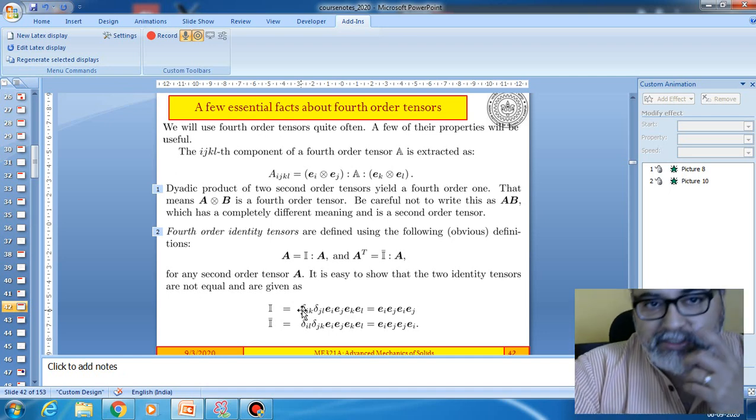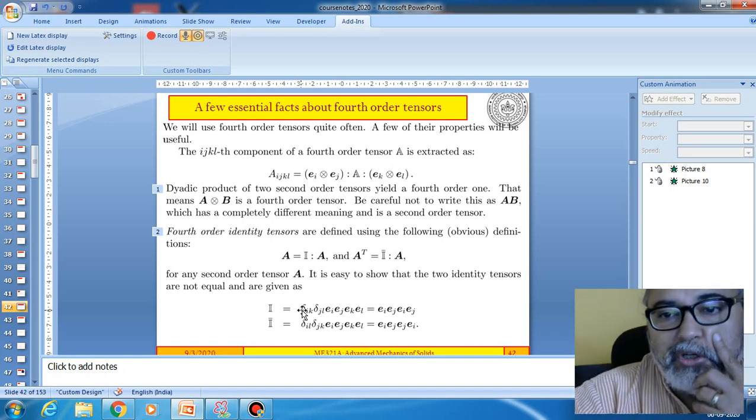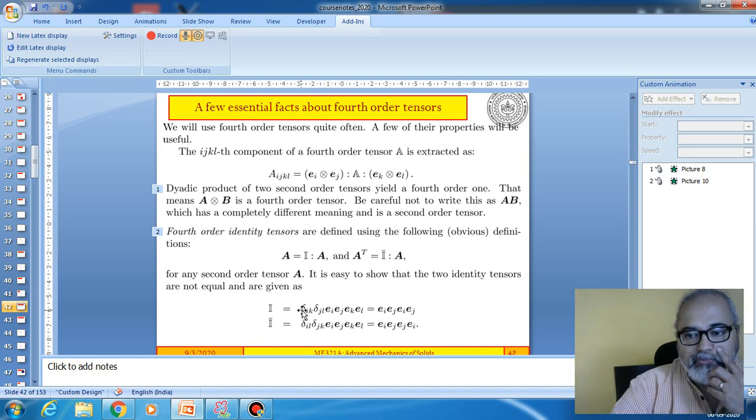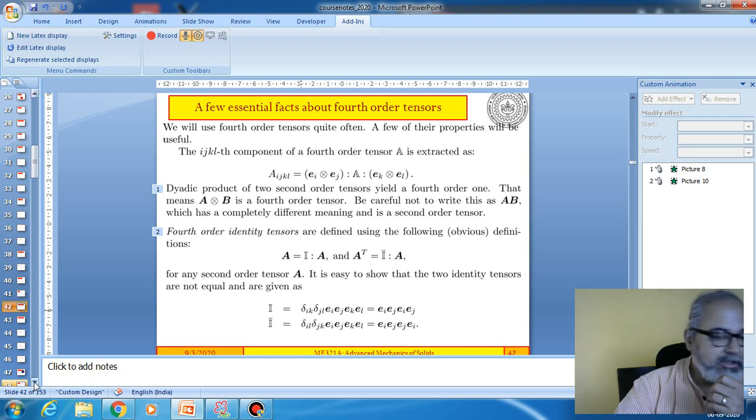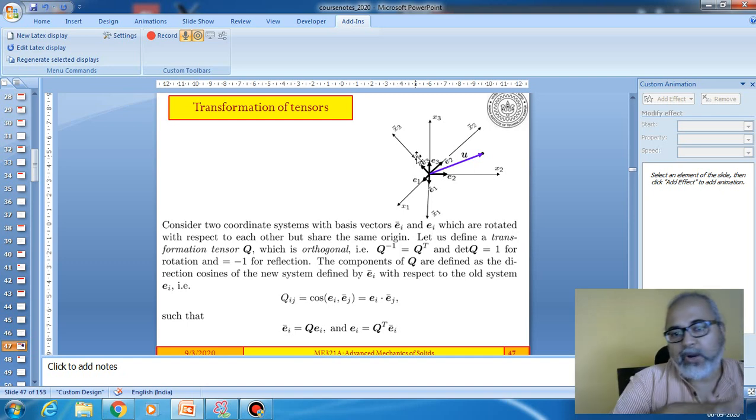Now, even after this, people ask what the hell is a tensor. Well, the answer probably lies here in the transformation rule. A tensor is a quantity that transforms according to the rules that we have defined here.